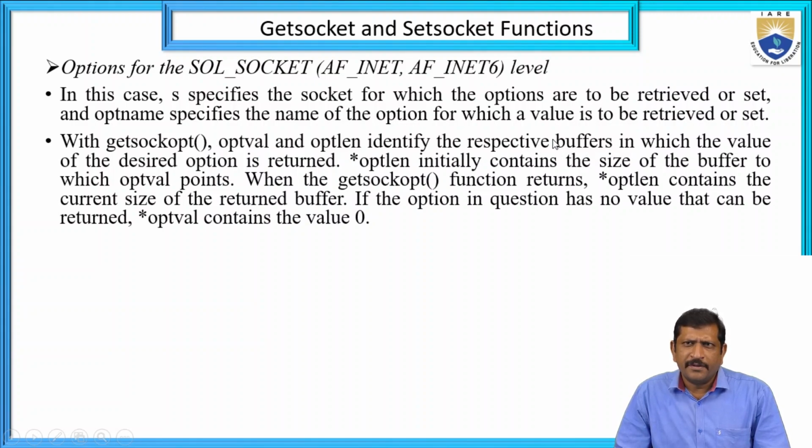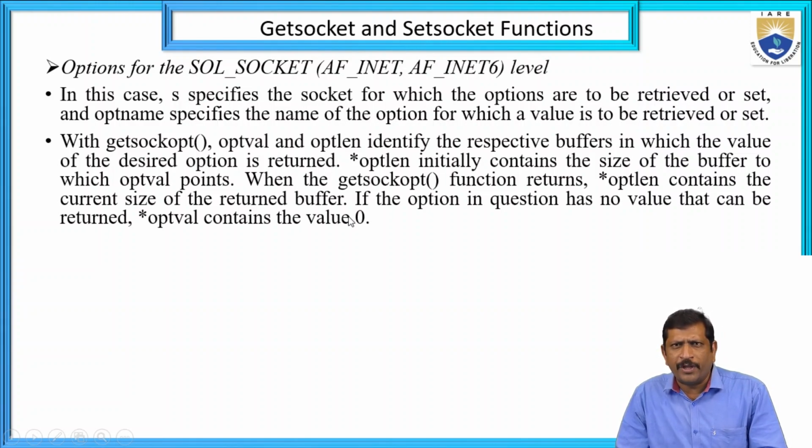That means in this respective buffer only we are getting the data, or we are setting some time limit in which the values of the desired option can be returned from the memory.